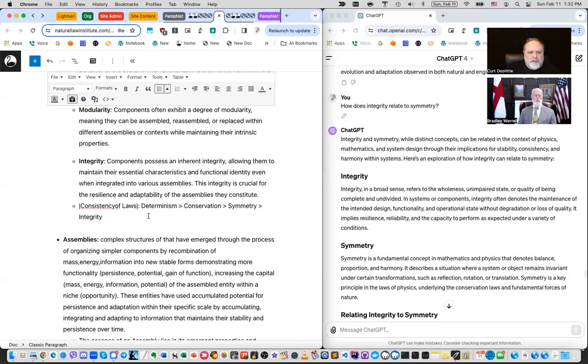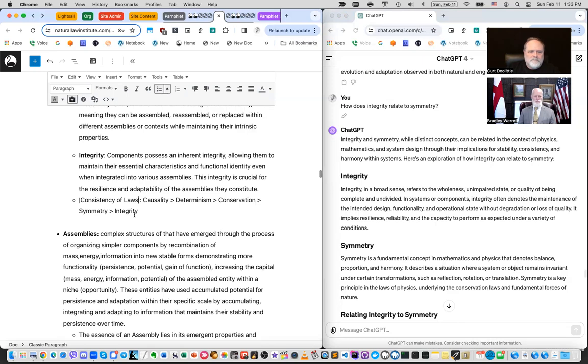Well, that's one of those great things. What's the difference between determinism and causality? Well, because we used the term causality before, not determinism. That's a regularity. It means it's rational.